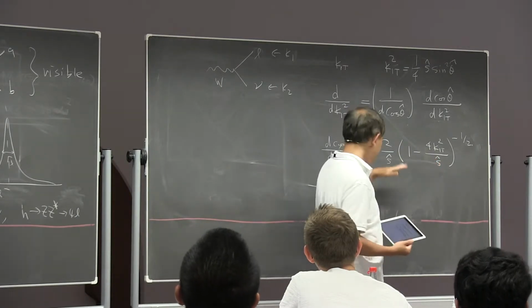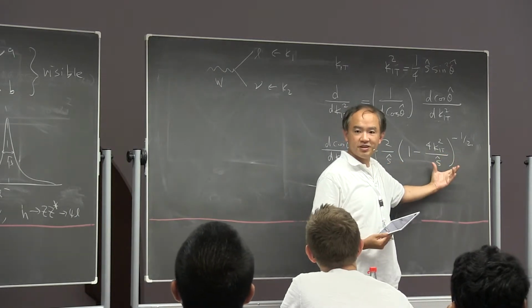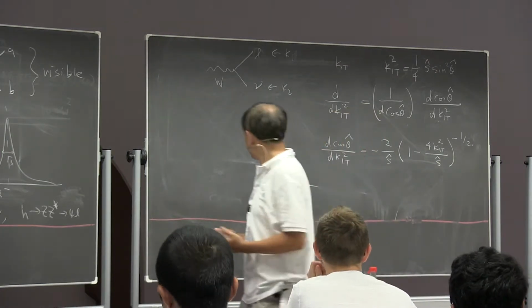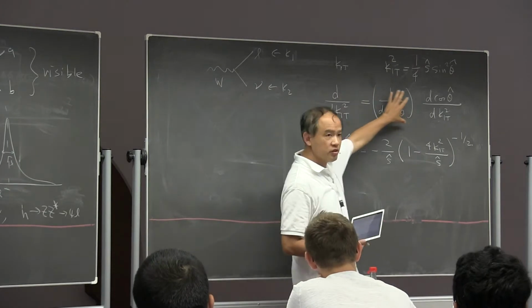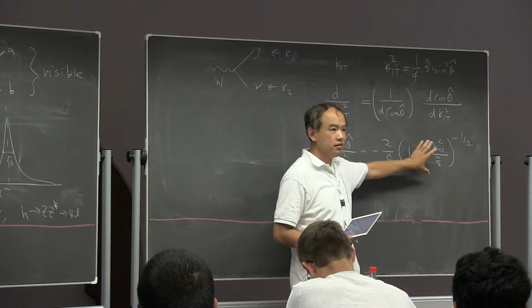And it has a particular shape. So this means that if you have a distribution of this, it's a smooth piece times this.